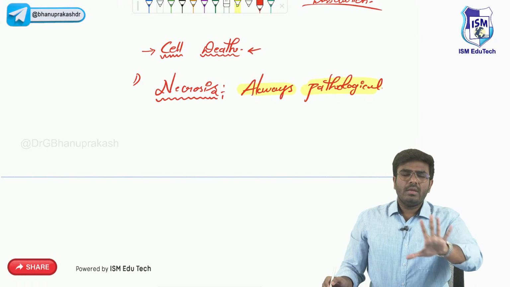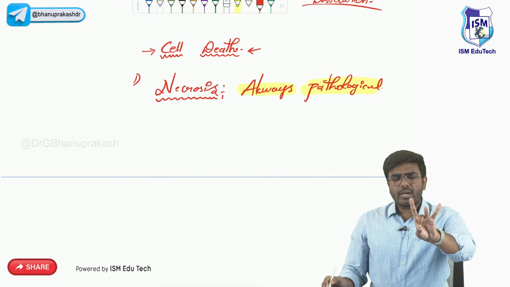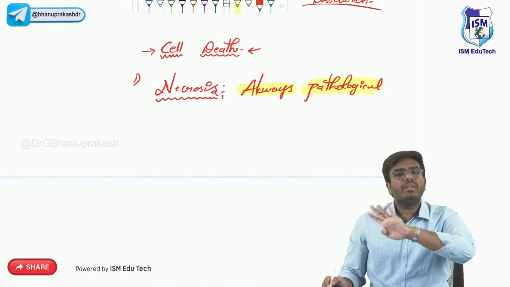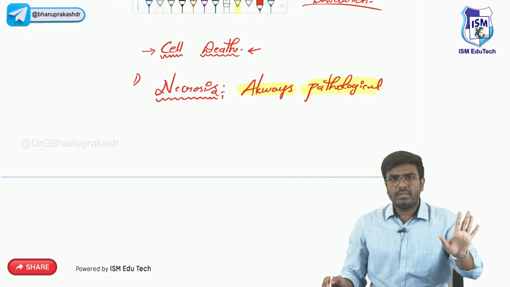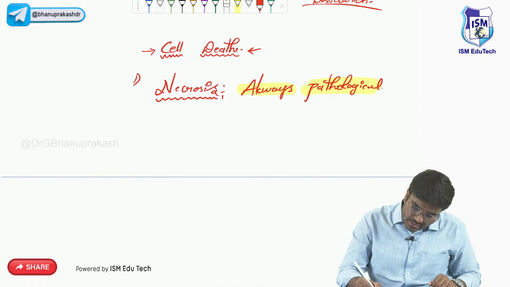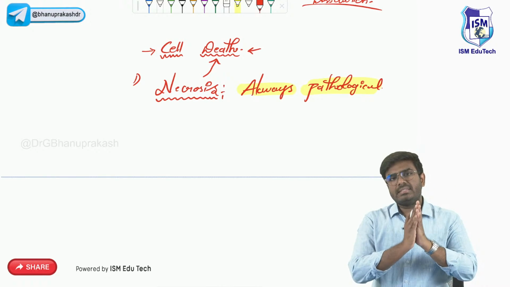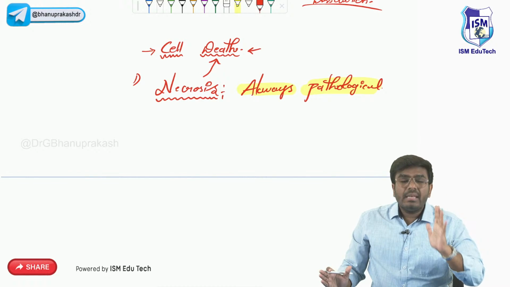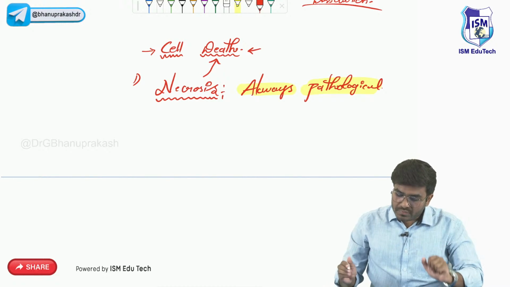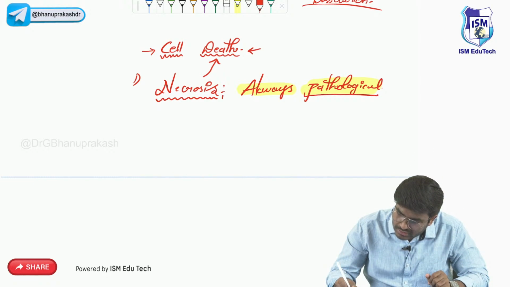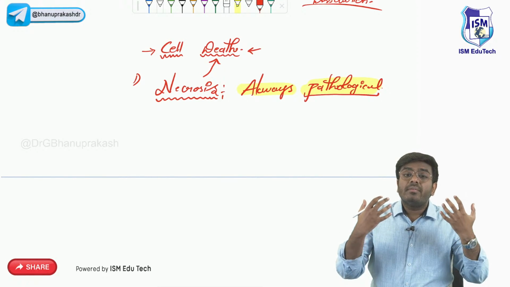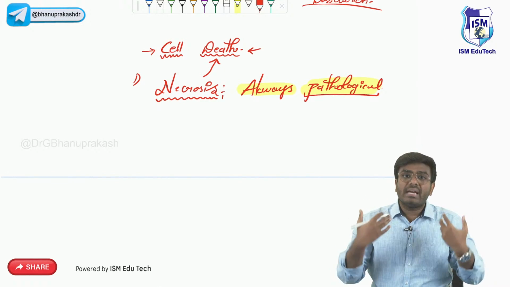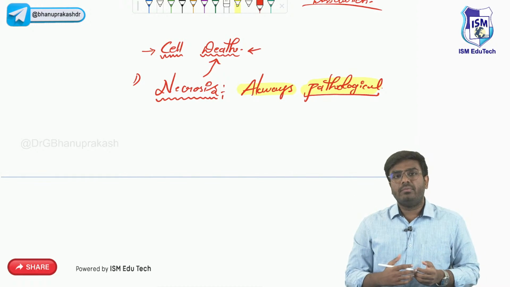What does always pathological mean? If I say necrosis, apoptosis, pyroptosis, necroptosis, the common thing in every type is death, death of a cell. In necrosis also, the cell is dying, because of some pathology, never physiological. Sometimes a cell should die physiologically, and we will discuss that.